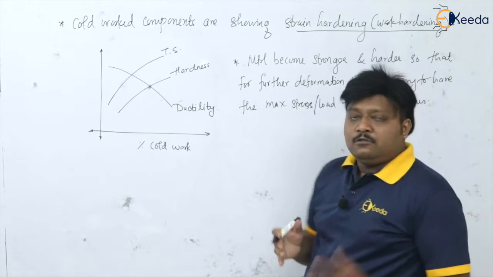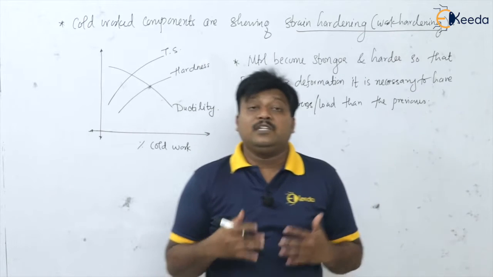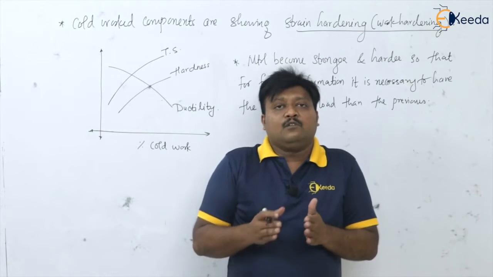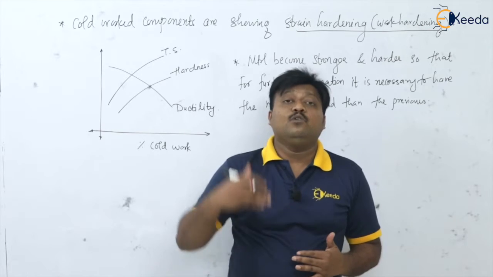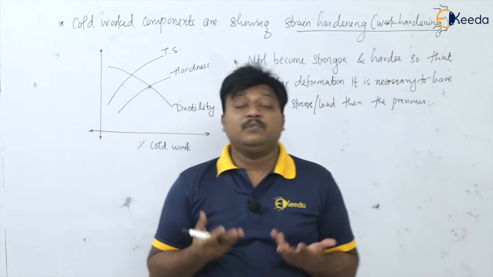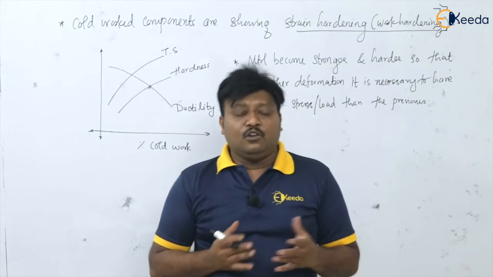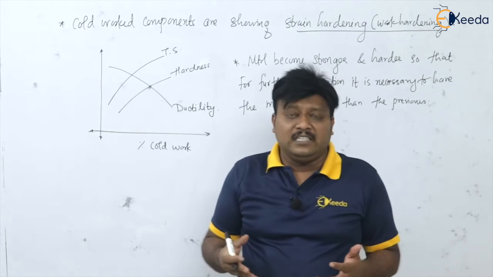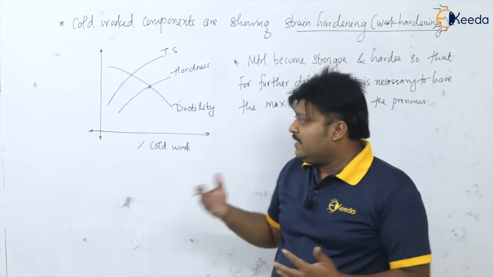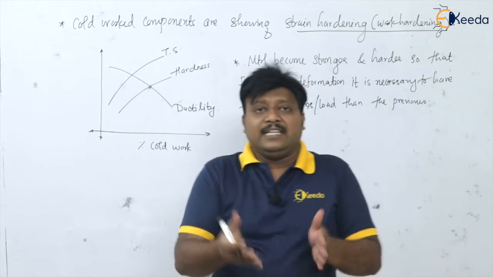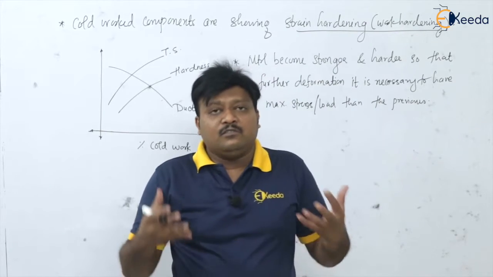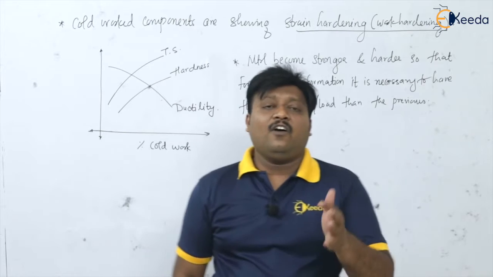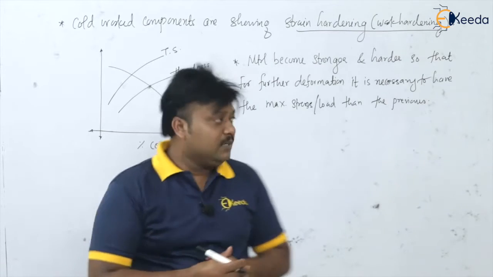Okay, so if you want to have deformation in the material, we need to supply a greater amount of stress as the material has become stronger and harder. So here the stress required to cause the slip is required more in amount than the previous. So this is the cold working or strain hardening of this material.